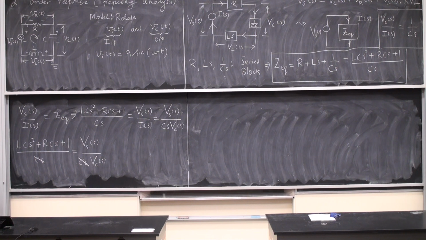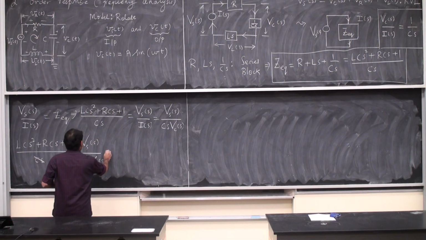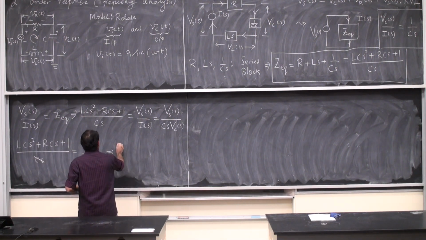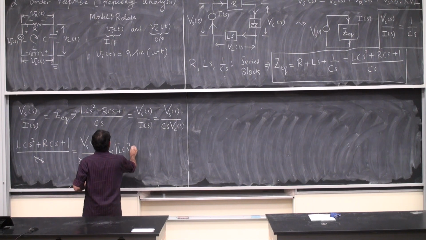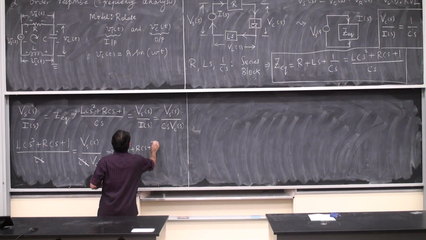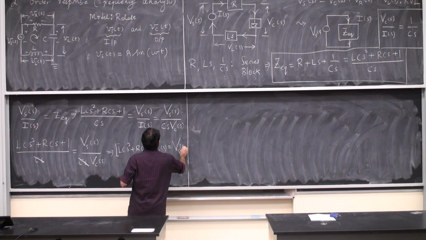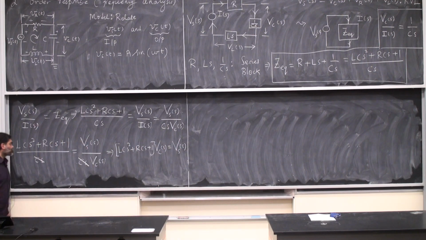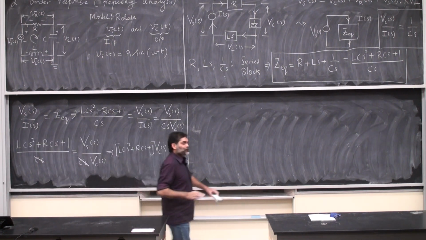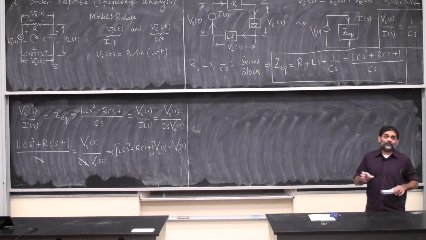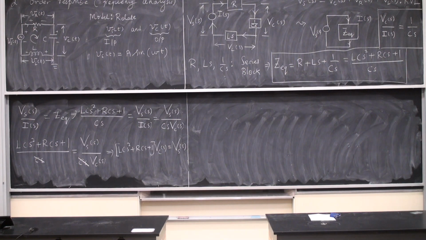Cross multiply, I need Vc and Vs relationship. LCS square is Vs of S. Okay. Normally I would stop here and then look at the frequency response function, but I want to do a few more things. So here is what I'm going to do.